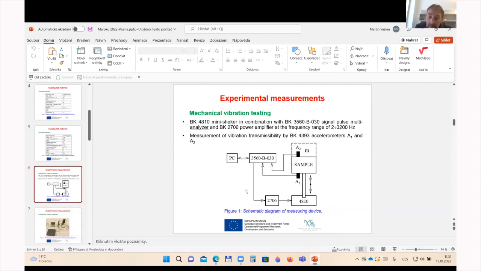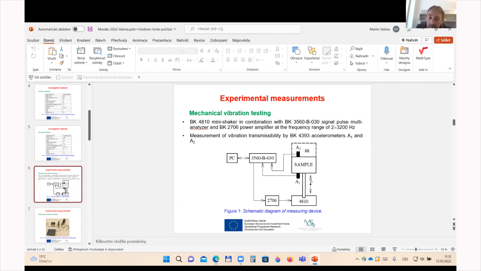The mechanical vibrations were investigated by means of the forced oscillations method. So the measuring equipment consists of the multi-analyzer, power amplifier, and the vibration mini shaker.